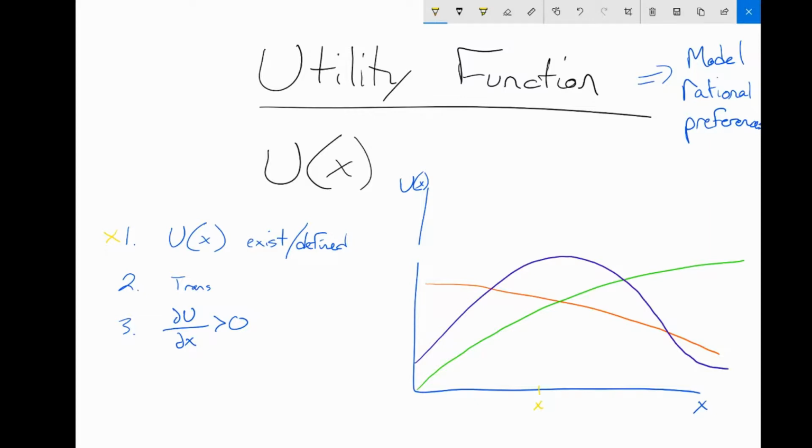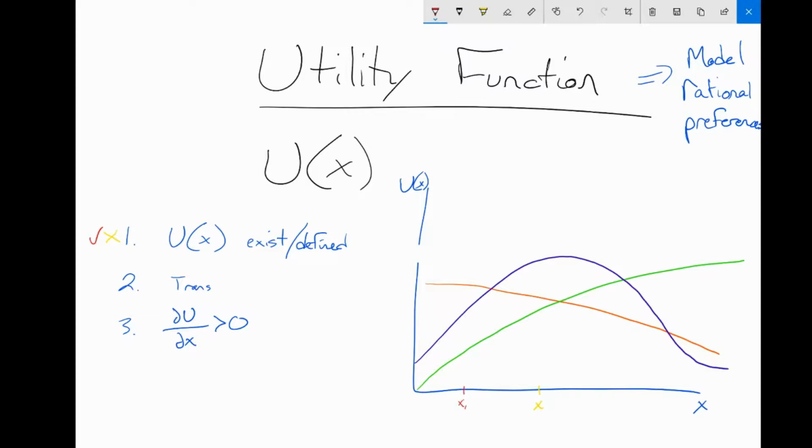Okay, so let's try the next one, red. All right, does red exist for all the relevant values of x? Yes, okay, so red checks out here. Transitivity. Is transitivity captured? All right, so let's try a couple things here.